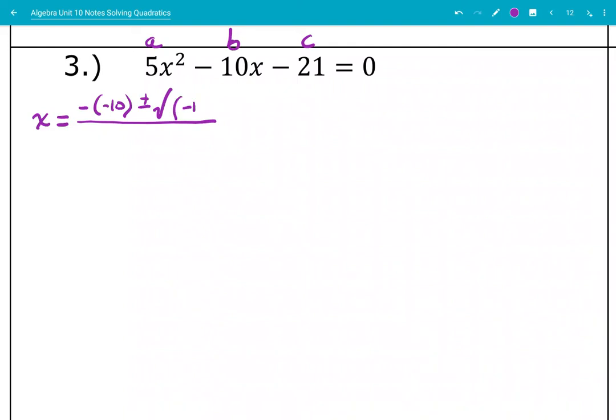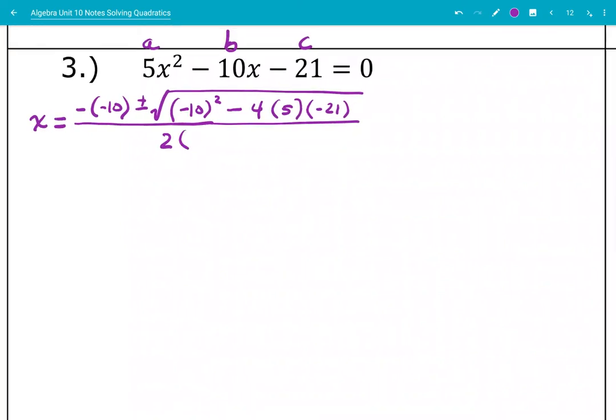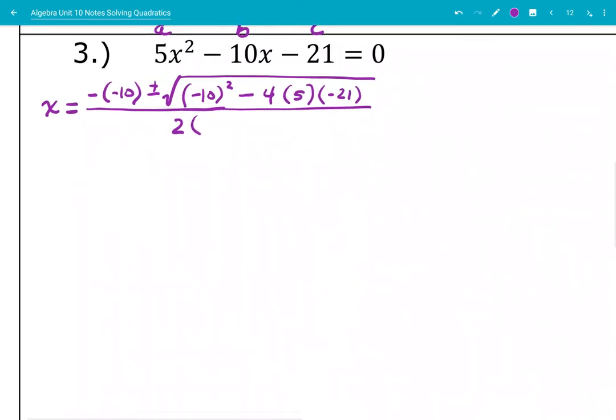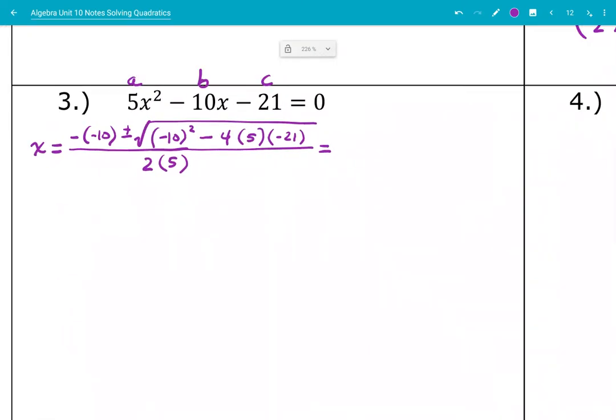b squared, so minus 10 squared minus 4 times a, which is 5, times c, which is minus 21. All that's under the radical. And then on the bottom we have 2 times a, which is 5. All right. Let's simplify that a little bit. That minus negative 10, there, that becomes a positive 10.